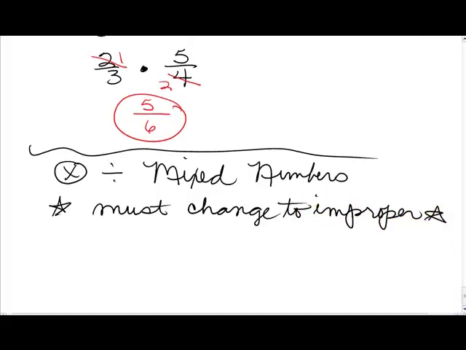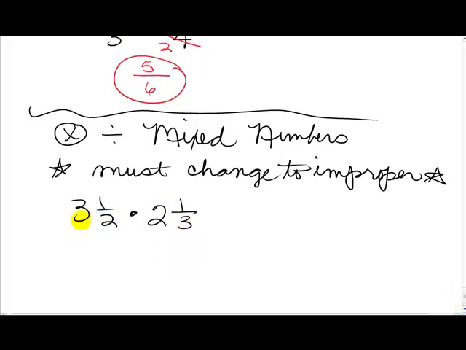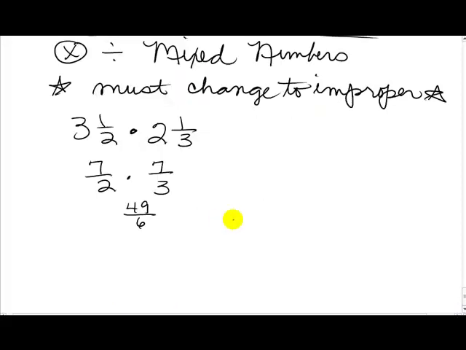Here we must. 3 1/2 times 2, and we'll say 1/3. Multiply these two. 6 plus that one, 7 over 2. Multiply 6 plus 1, 7 over 3. Multiply straight across unless you can do some cross canceling. I have 49 over 6. And then change back. So 49 divided by 6.